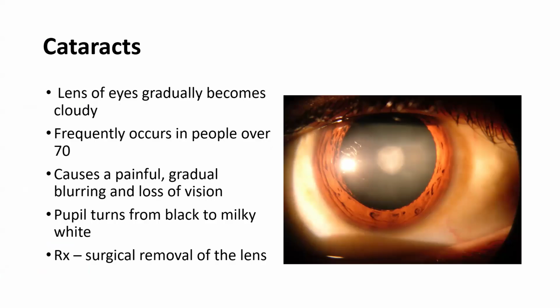And it does become worse and worse over time. The pupil itself will eventually turn black or a milky white to indicate that you do have a cataract. And a lot of times you'll hear people saying they got their cataracts removed. They can do this by having a surgery as well.